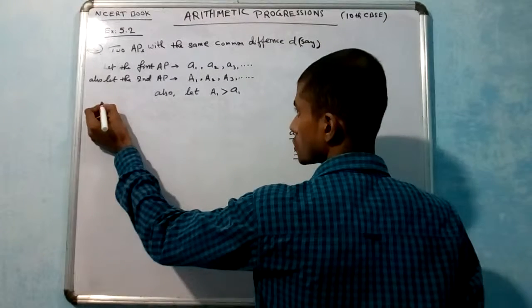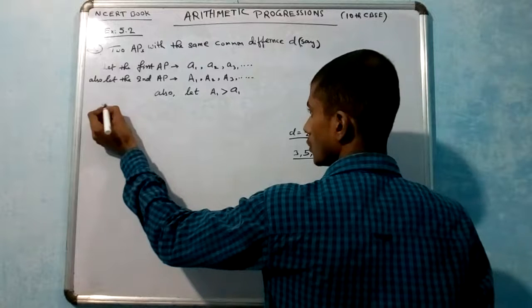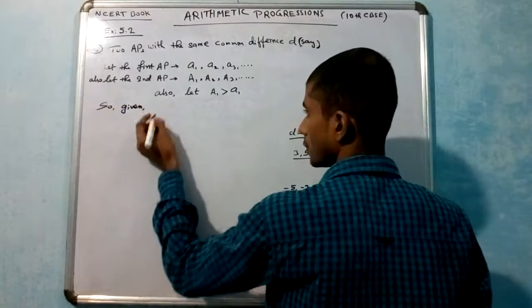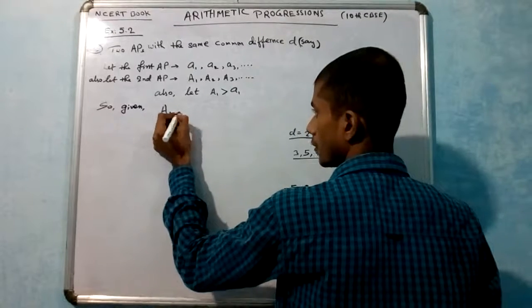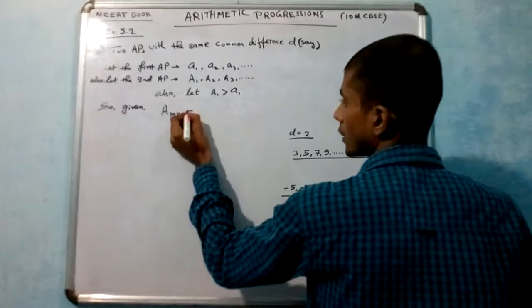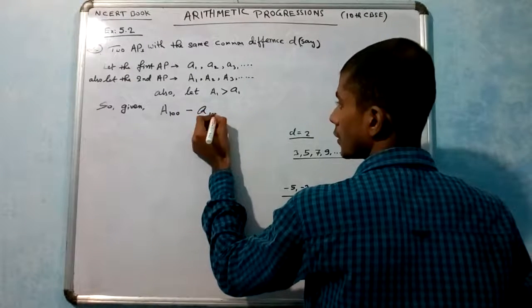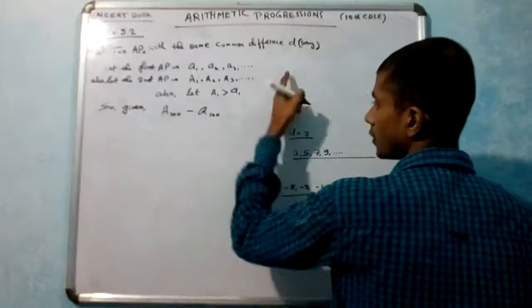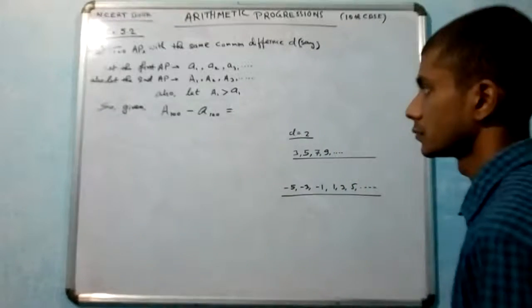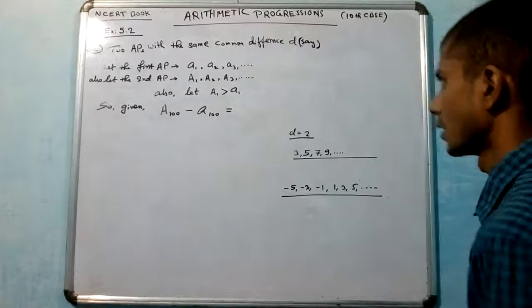Now what is given according to the question? Tell me. A100, the 100th term of this AP, minus small a100, the 100th term of this AP, is equal to how much? 100.